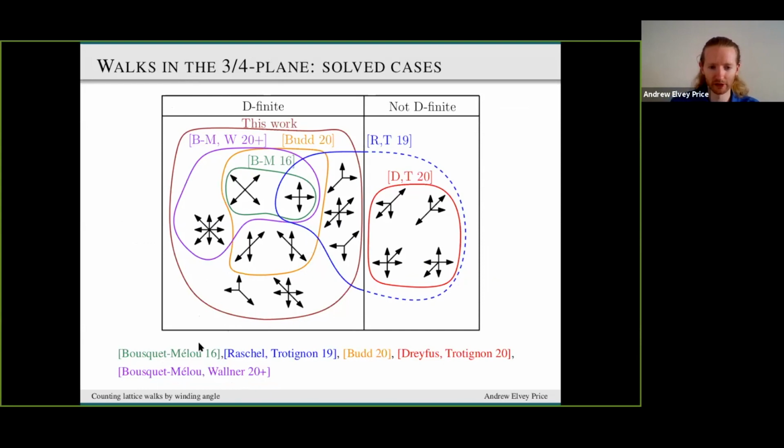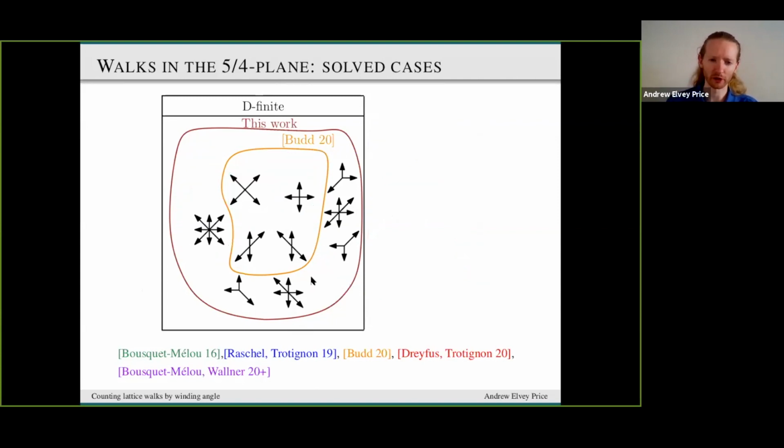You can see the 6 papers that have contributed to those solutions. Interestingly, so far, for every problem, the complexity of the generating function is the same as that in the 1/4 plane. As a side note, an interesting question is whether that will always be the case.